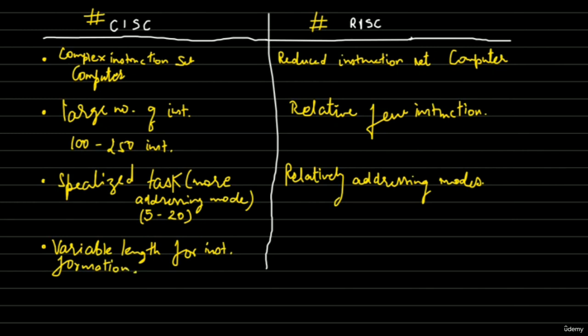So in the RISC you can assume it is having a memory access limit. Well, it seems like a disadvantage, but let me mention something that will apparently seem the advantage of RISC.